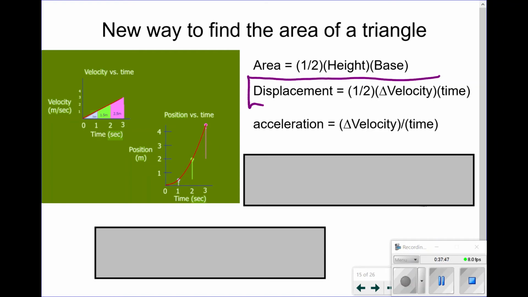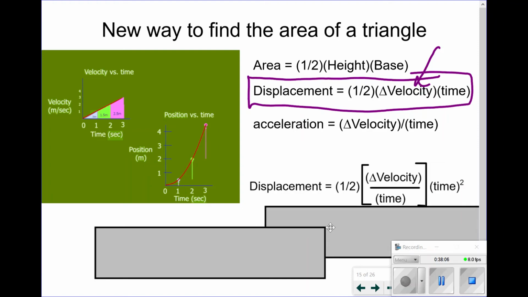So we have to rewrite this equation in such a way that we can predict the future. And we can do that by means of replacing the change in velocity with acceleration. Now I can't just do that willy-nilly, but I can take the change in velocity and divide it by time.